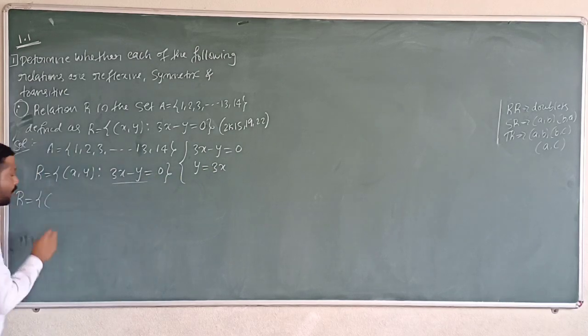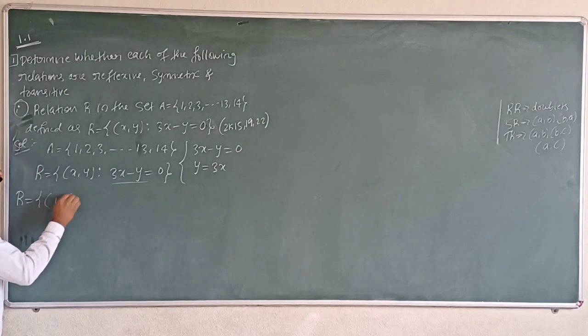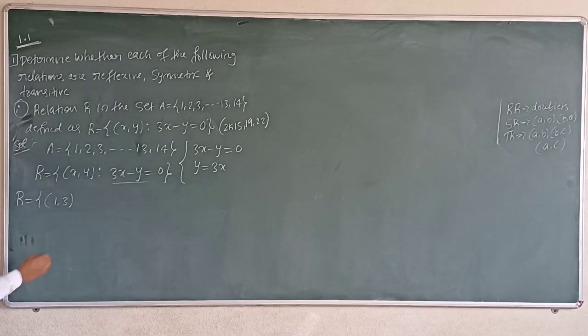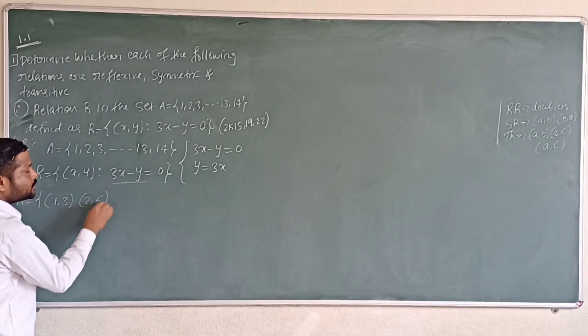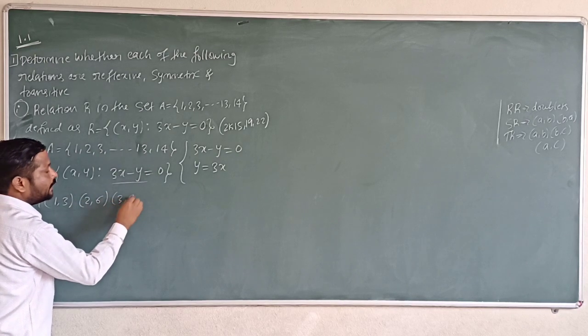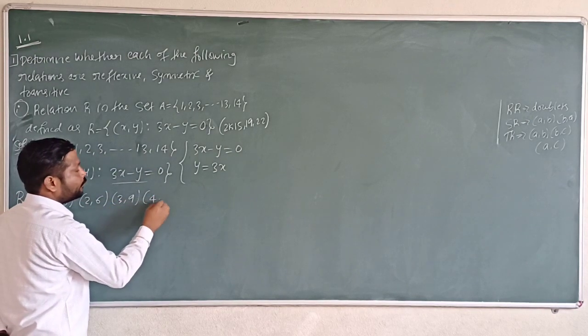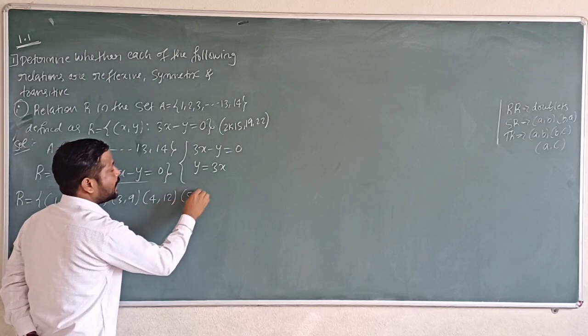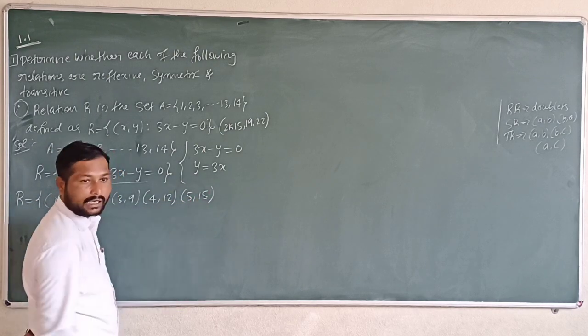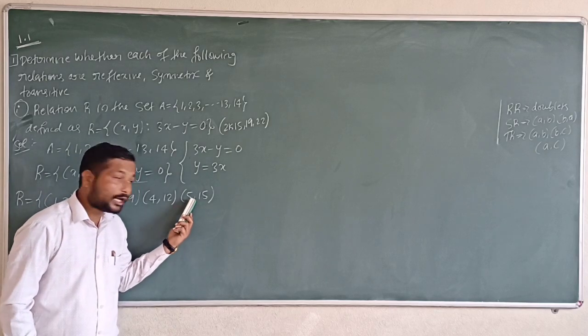Put the values of x: substitute 1, 3 ones are 3, so 1 3. Next substitute 2, 3 twos are 6; substitute 3, 3 threes are 9; substitute 4, 3 fours are 12; substitute 5, 3 fives are 15.